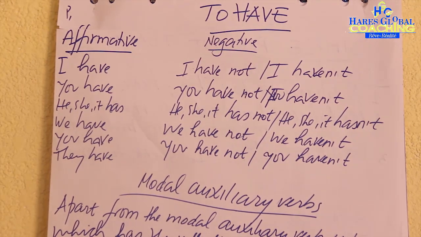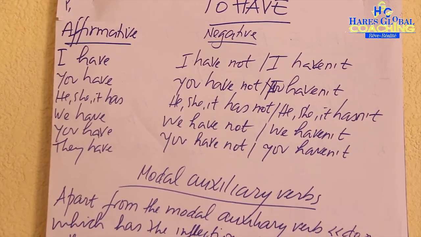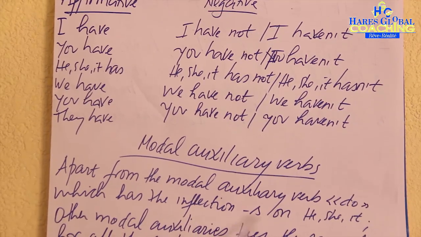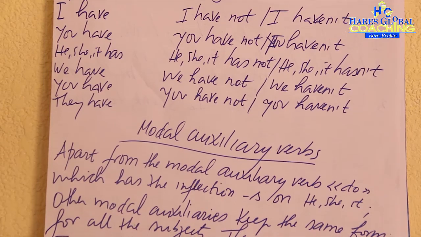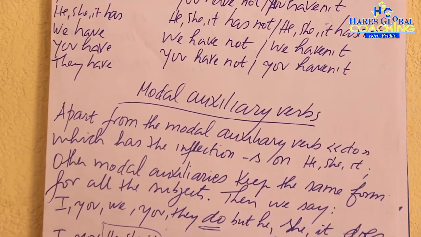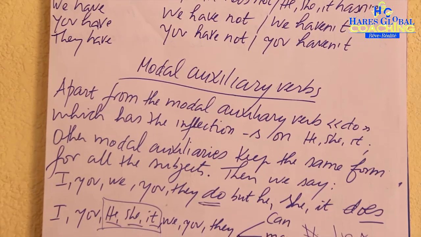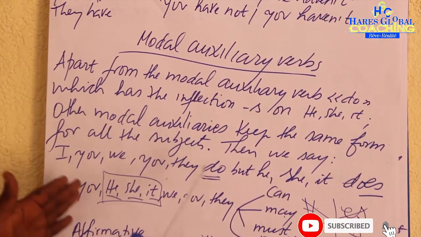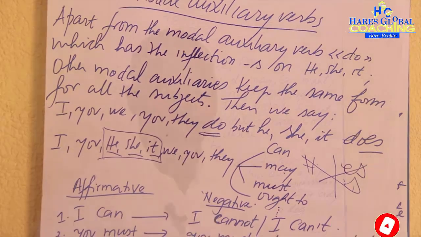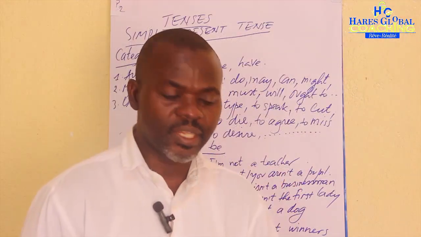Apart from the modal do, which has the inflection s on he, she, it, other auxiliary verbs have the same form for all the subjects, and we make their affirmative like this and their negative like this.